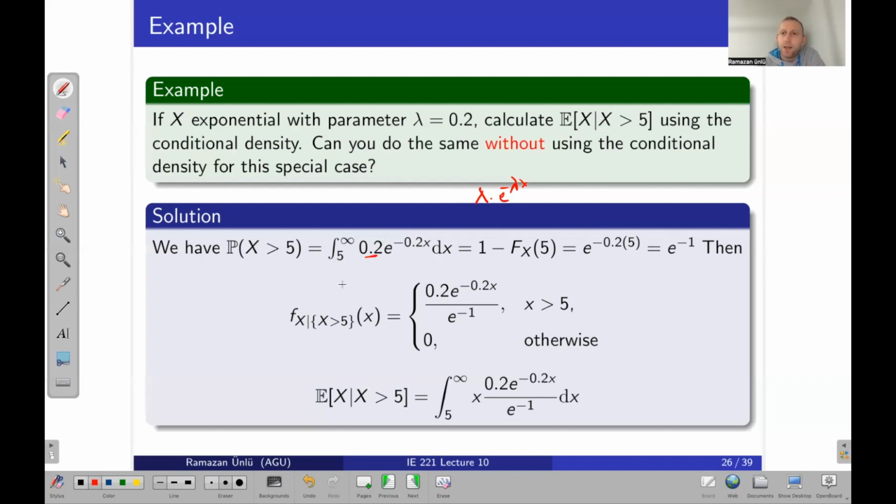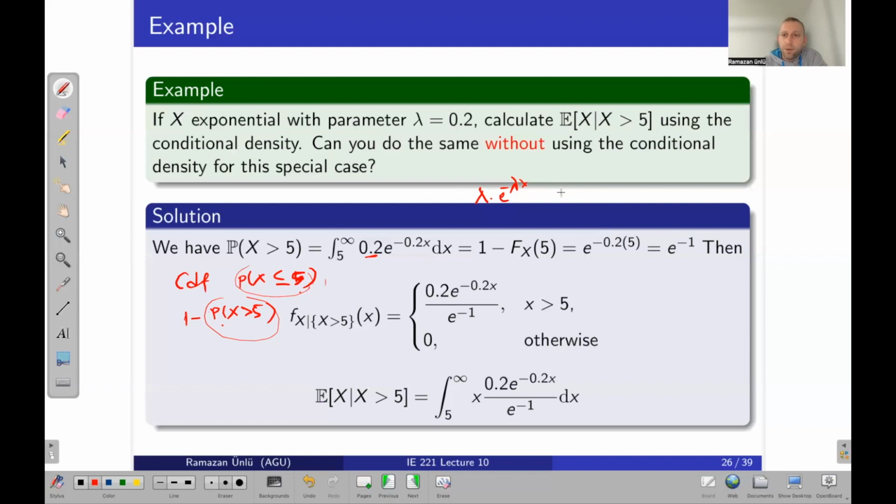That will give you the asked probability, but you don't need to calculate that integral. Instead, you can simply calculate 1 minus the CDF, because remember that the CDF gives the probability of x less than or equal to some value, in this case 5. So the probability of x greater than 5 is 1 minus the probability of x less than or equal to 5, and that is the CDF of x.